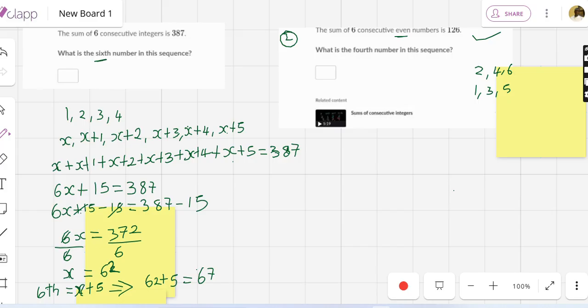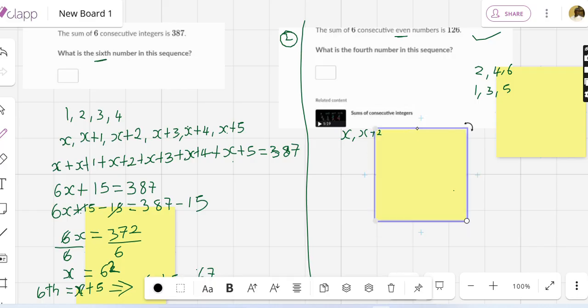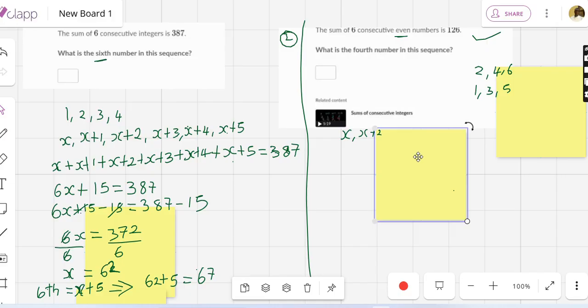This is question 2. I want to solve question 2 now. The first member is always x. The second member is x plus 2.